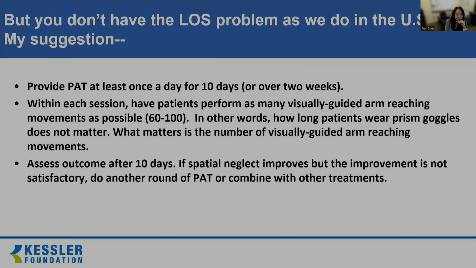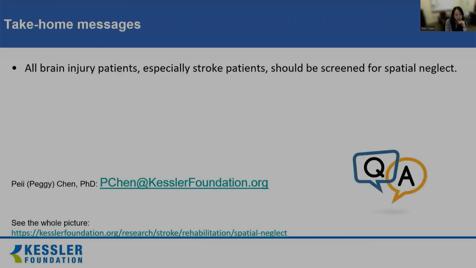Assess the outcome after 10 days. If neglect does not improve to a satisfactory level, then you can do another round of Prism adaptation or combine it with other treatments. So these are the take-home messages. All brain injury patients, especially stroke patients, should be screened for spatial neglect.